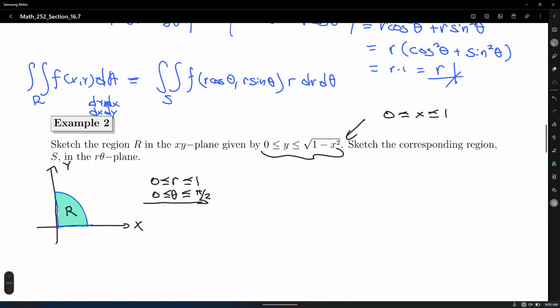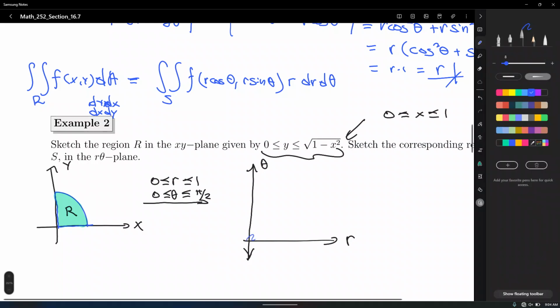All right, so let me create a whole new world here. What's the new world? That'll be the world of r and theta. So R is going to vary between 0 and 1, right? And what about 0 to pi over 2? Okay, let me do it a little higher, maybe. That's 1, that's also 1, maybe here.